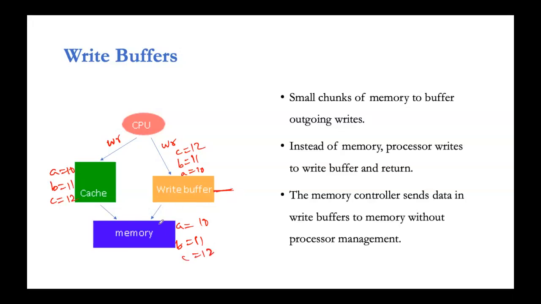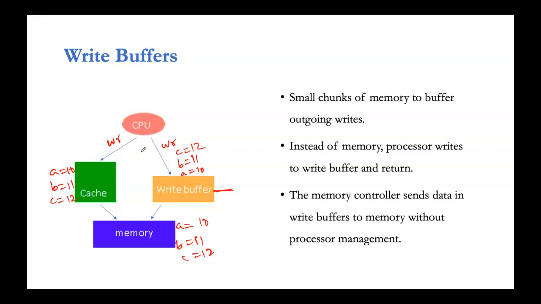So this side operation will be managed by the memory controller, and the other side operation by the processor controller. Like that, it will reduce the miss rates and increase the hit rates.